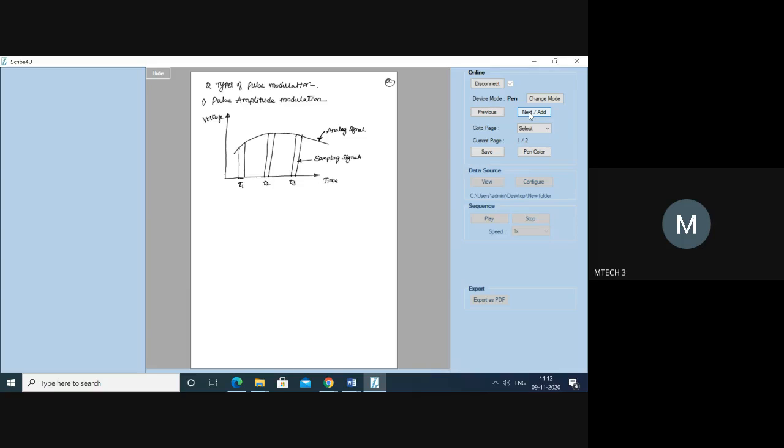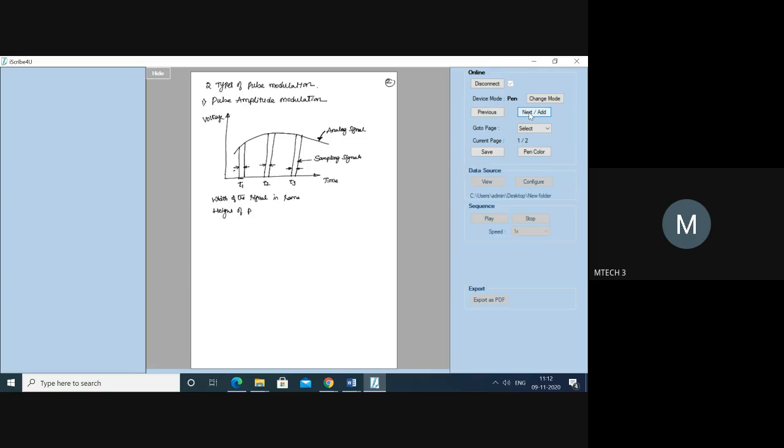In pulse amplitude modulation, please observe, the width of the signal is the same. That means the width is going to be the same. But what about the height of the pulse?